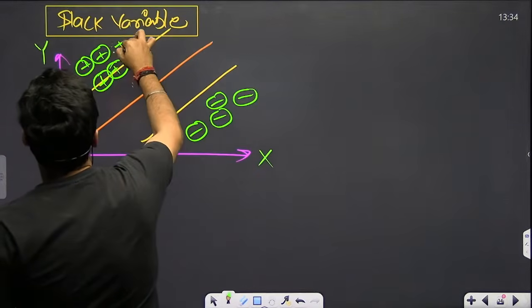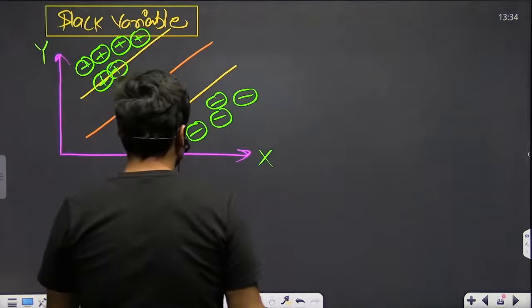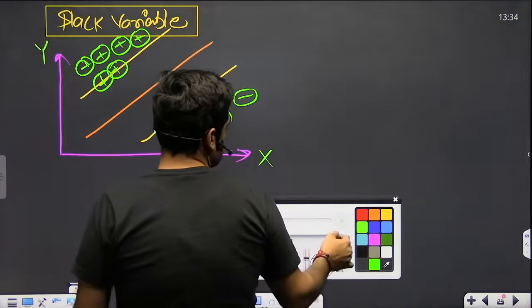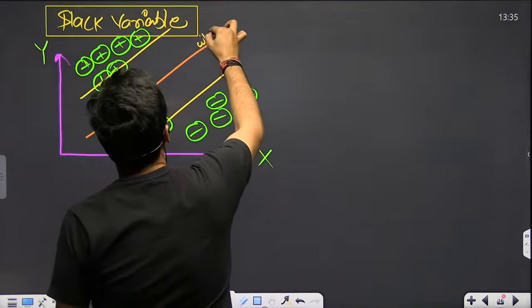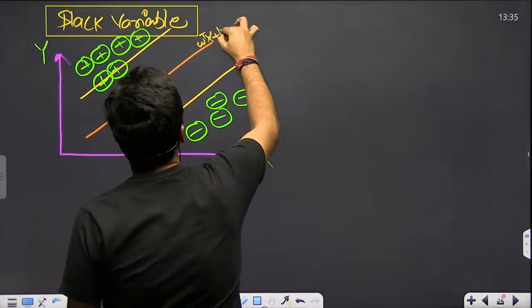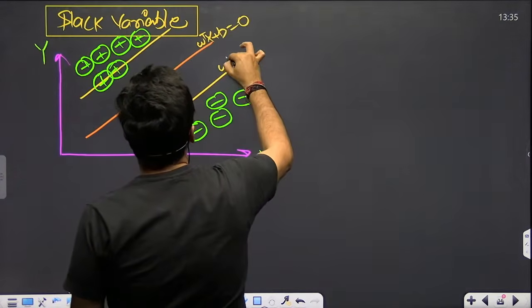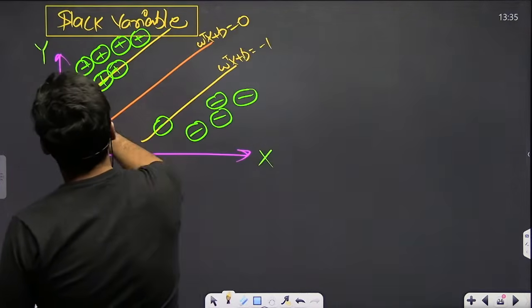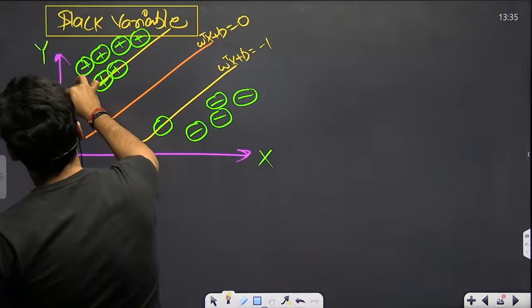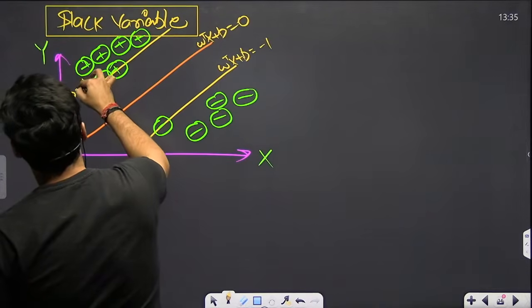So I'll write this equation: weight transpose into x plus b equals 0. This is weight transpose into x plus b equals -1, and here weight transpose into x plus b equals +1.